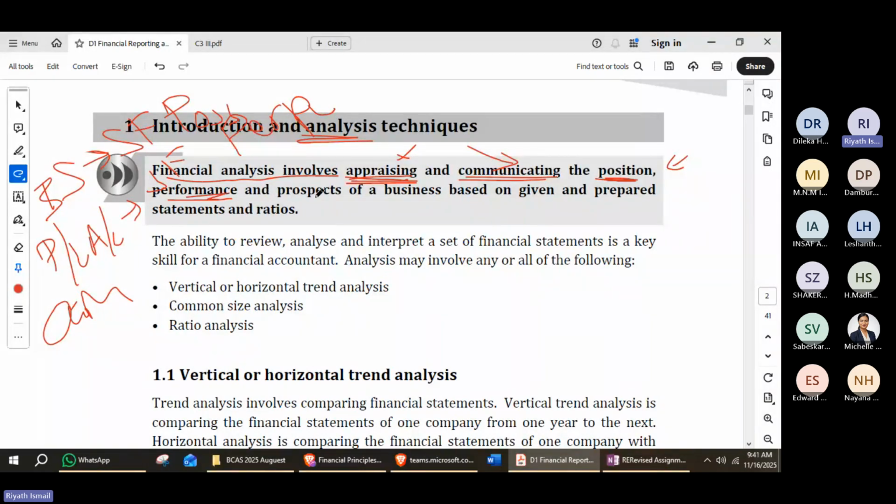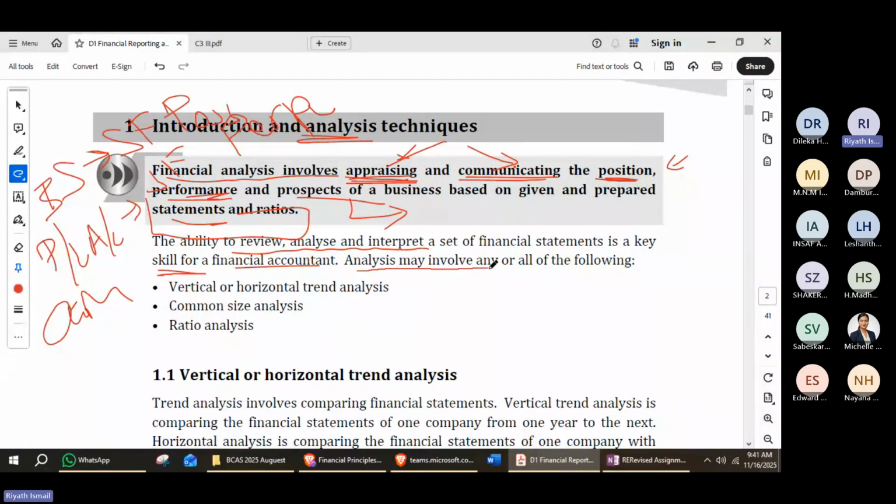And prospects: what is the future of the business, based on the given prepared statements and ratios. For appraising, we need ratio analysis. The ability to review, analyze, and interpret a set of financial statements is a key skill for a financial accountant.